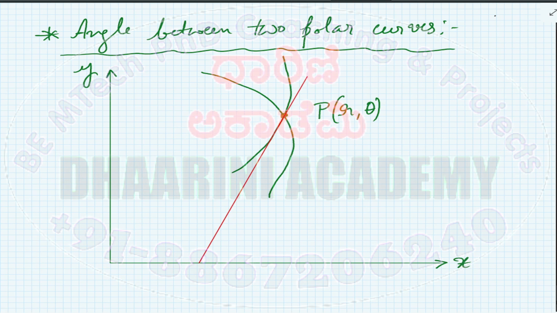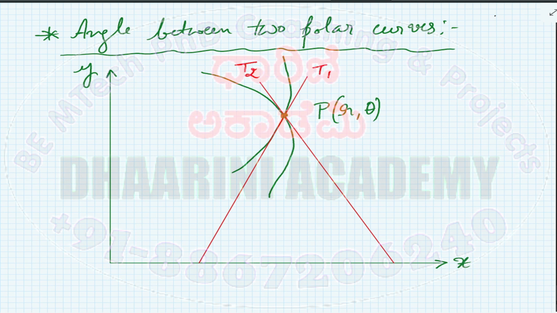Let me call this T1. Also, I need another tangent. Let's say it has to pass through this, that's why I'll draw it here like this. So this is the second tangent, and we'll call this T2. So this side is T1, this is T2.